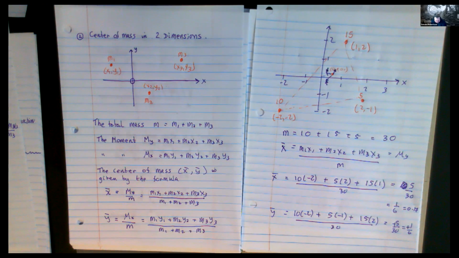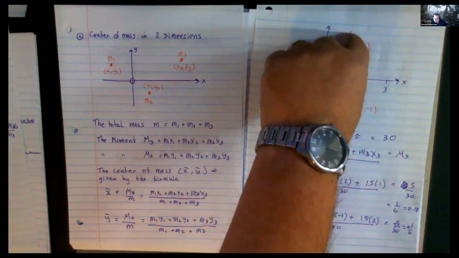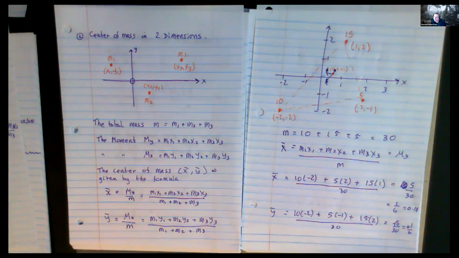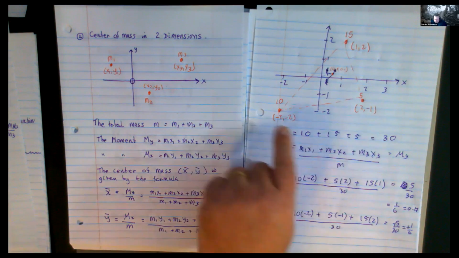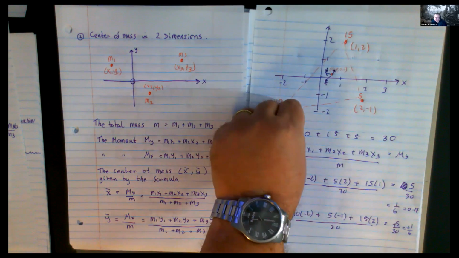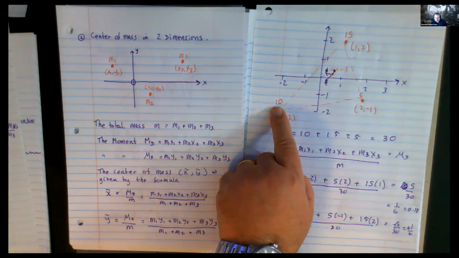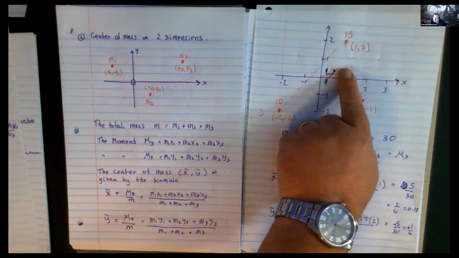As I was saying, it's quite hard to judge on the picture, because doesn't it also depend on what the weights are, not just their location? Because if I made this 100, wouldn't I be pulling the center of the mass really close to this guy? If I made this weight 1, wouldn't the center of the mass be pulled much more towards these two guys?